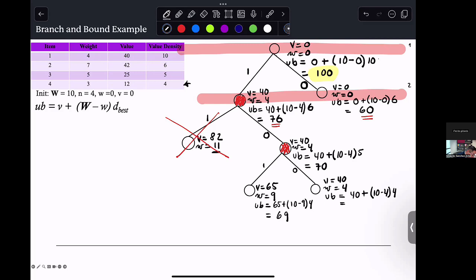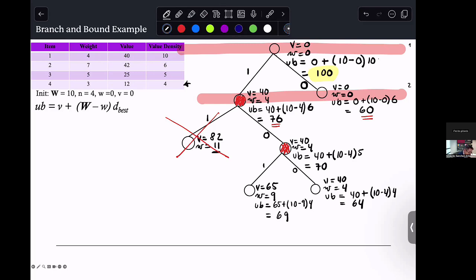And this means 6. This is 24 plus 40. So this is going to be 64.